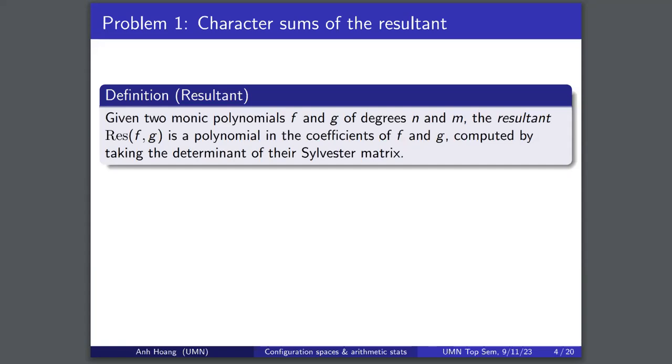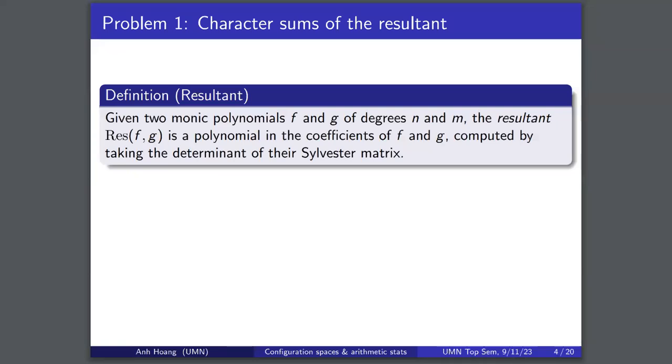This is about character sums of something called the resultant. And this is a very classical definition in number theory. Given two monic polynomials f and g of degrees n and m, the resultant, denoted res(f,g), is a polynomial in the coefficients of f and g. And it can be computed by taking the determinant of their Sylvester matrix.